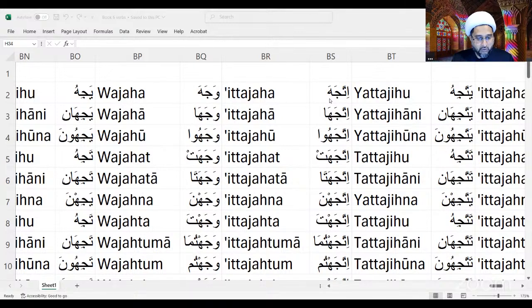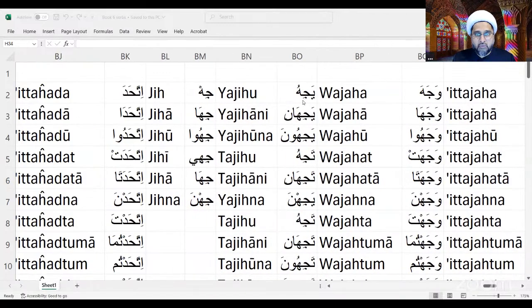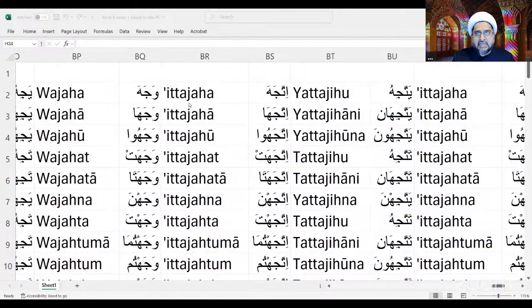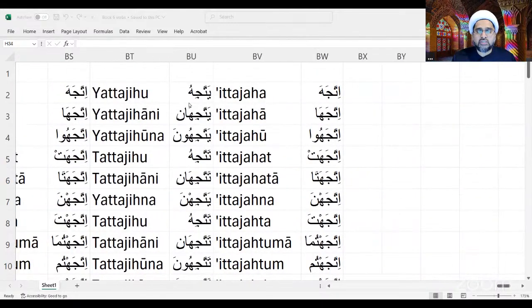So wajaha is the root word. Yajihu is the present tense. Jih means direct. And ittajih means the process of facing that direction. The root word is wajaha. So originally it was il tahaja. And now it becomes, who has not had a chance to come on the mic yet?